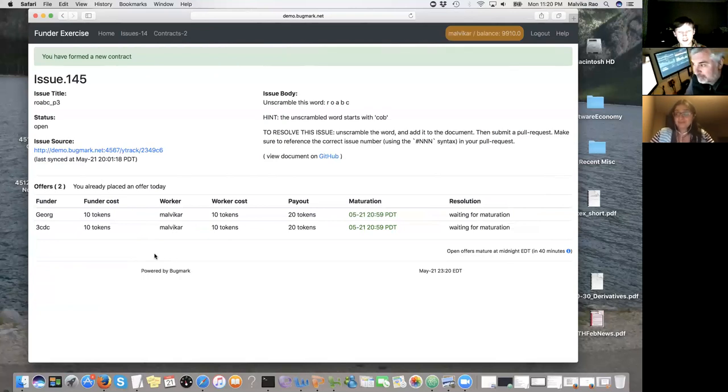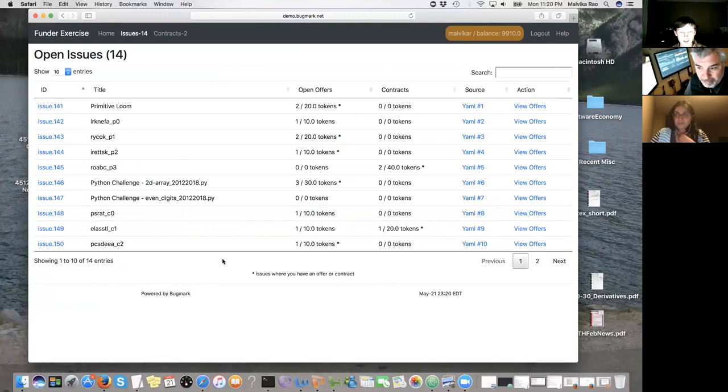And then there's one more thing. If we go back to the issues list, notice in the open offers and in the contracts columns, there's an asterisk. And those are issues where you either funded an offer or you accepted an offer, and then you have the asterisk in the contracts column.